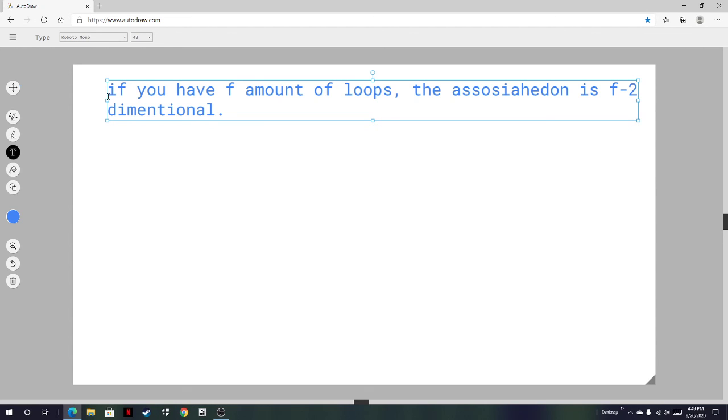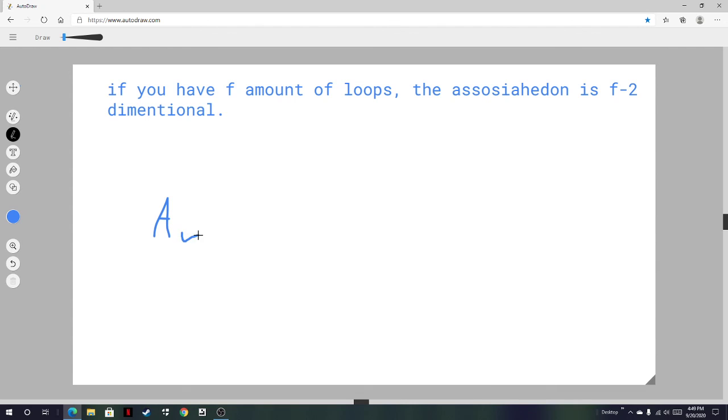So, what about all the loops? It's called A infinity space. The A is for associahedron because we have to remember this is associahedra.